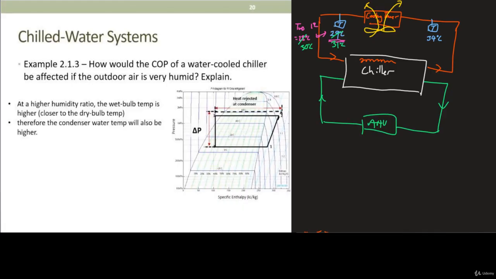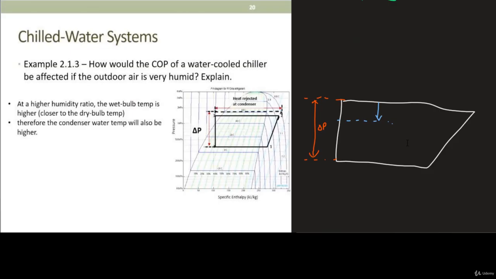If this temperature, which is 2 degrees Celsius higher, is used to cool down the condenser, the heat transfer may not be as effective compared to when it's at 29. So the higher the temperature coming out from the cooling tower, the less efficient it is in removing heat from the condenser. Using the same argument, your line will now shift upwards.